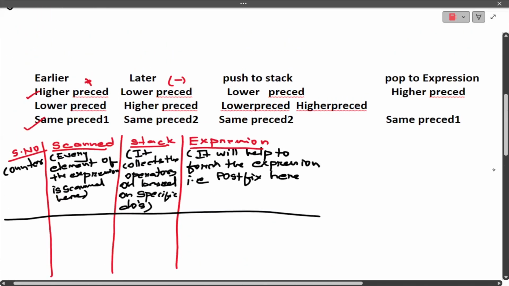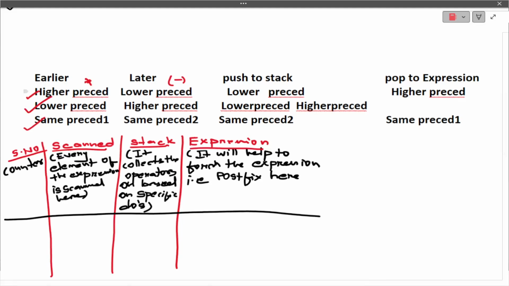This is the second case, a very important one. What will it do? It will store both of them in the stack. At last, these will be popped. Whatever has been stored over there will be popped.